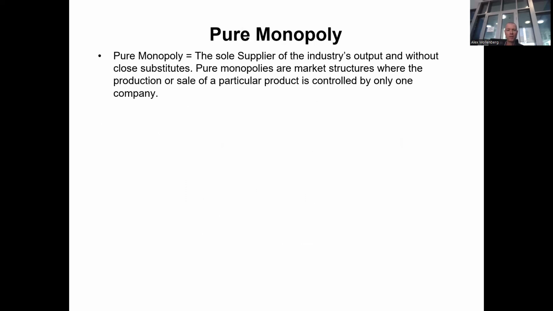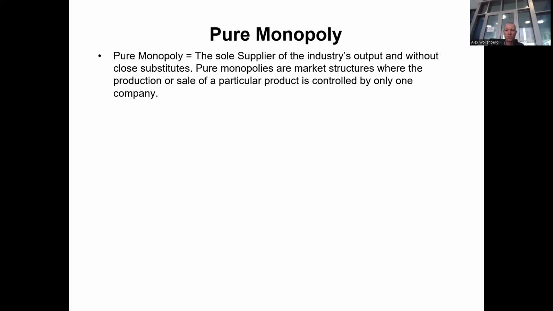Now, what's a pure monopoly? A pure monopoly is the sole supplier of an industry's output, without close substitutes. So the concept of substitutes is important when there's a monopoly. Not only is there a company that produces a single product, but we also don't have other similar alternative products that could substitute this particular product. If you need an internet provider, well, you need the internet.